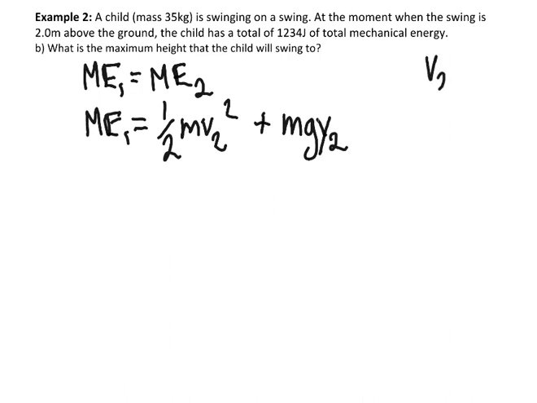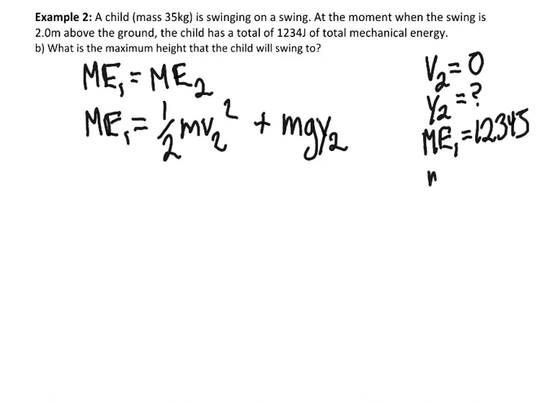And we know that v2 is 0 and y2 is the thing we're solving for. We know ME1 is that 1,234 joules, and we know the mass is 35 kilograms. So we have everything we need here to solve for y2.